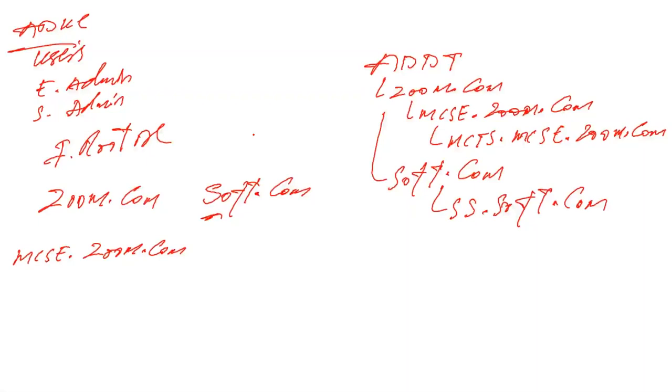So please write down: in DC, open the ADUC console, Active Directory Users and Computers.